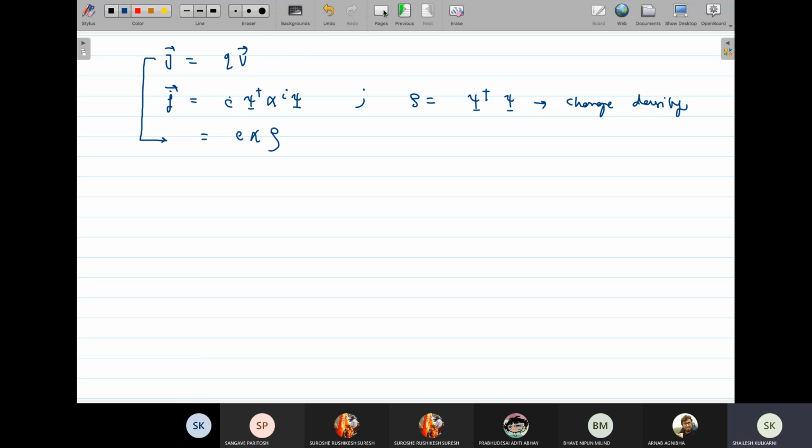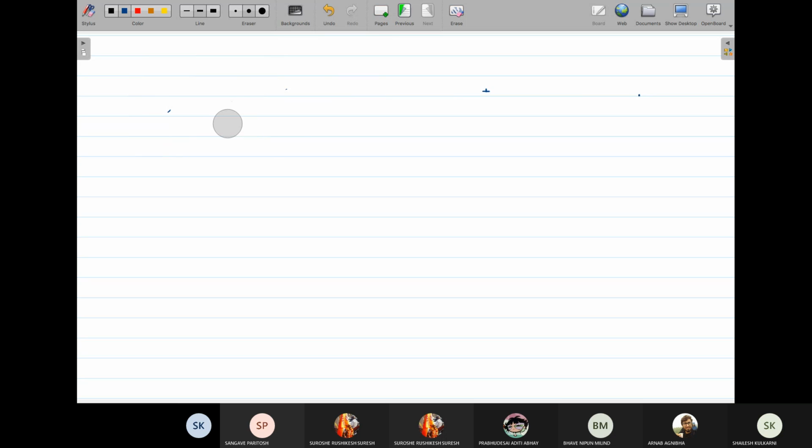In your usual quantum mechanics, you are aware of the Heisenberg picture. What is the equation of motion in the Heisenberg picture?